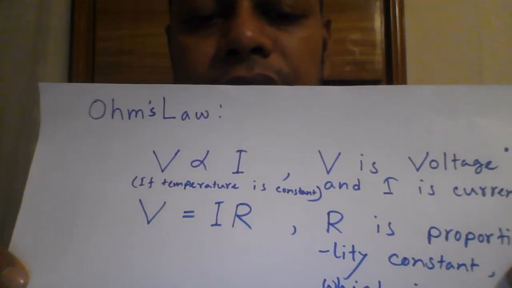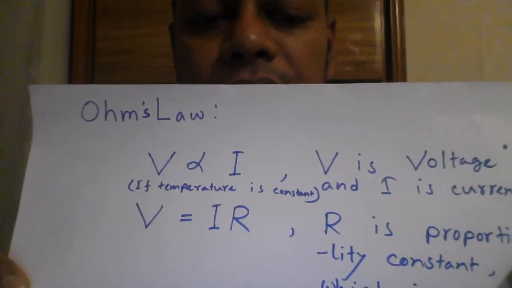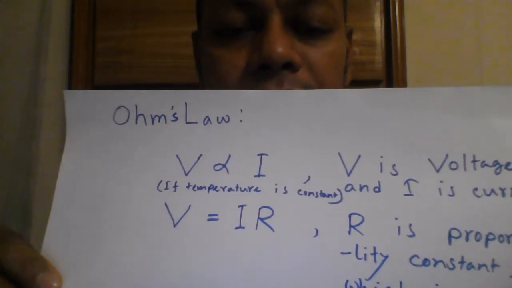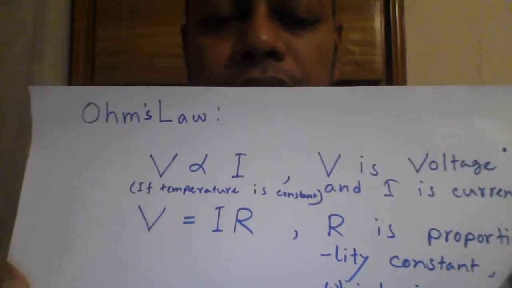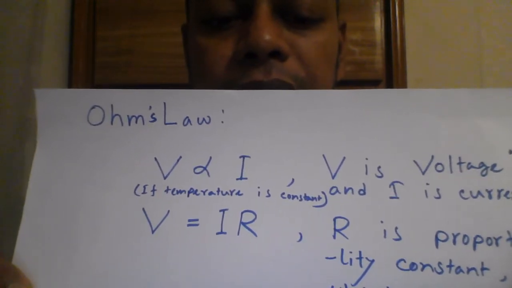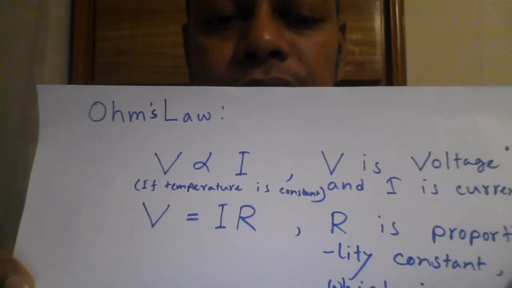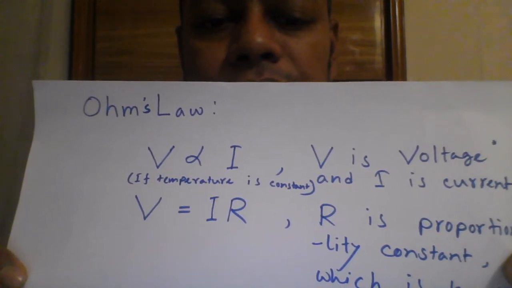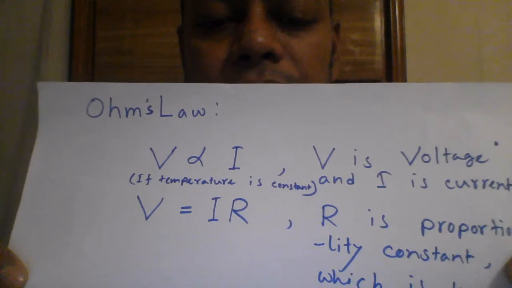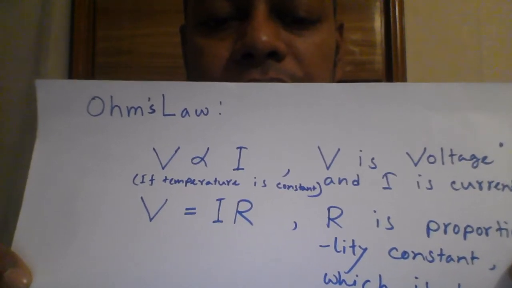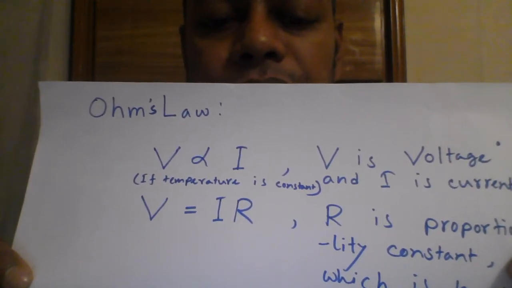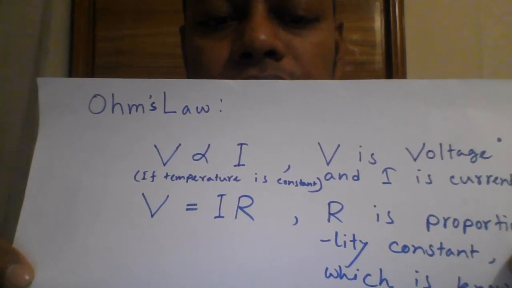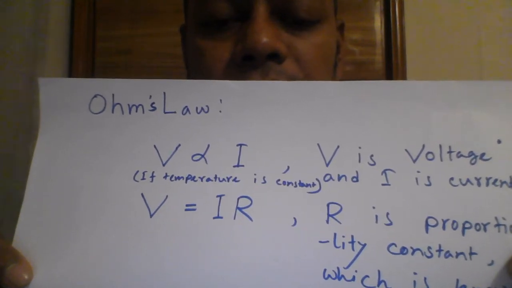And the next line, you see I wrote V equals IR. That one I just told now, that according to mathematical rule, if there are two variables like V and I are directly proportional, there must be another quantity over there.